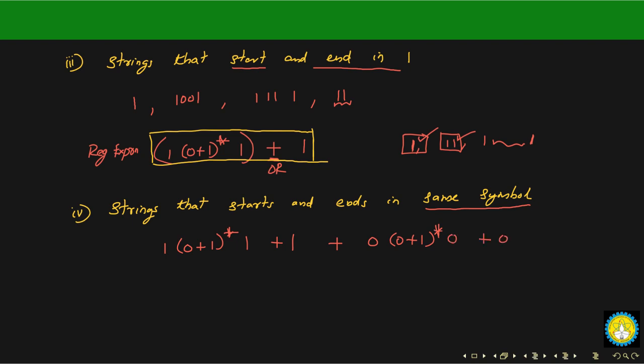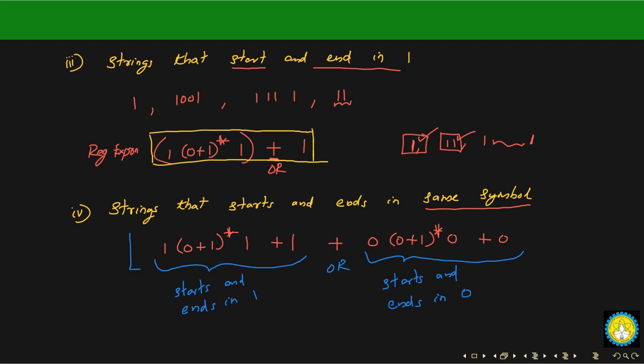You can identify that this particular portion represents all the strings that start and end in 1, and this portion represents the strings that start and end in 0. Combining this by using an OR operator, you will get both. So this big regular expression would represent all the strings that start and end with the same symbol. This is going to be straightforward.